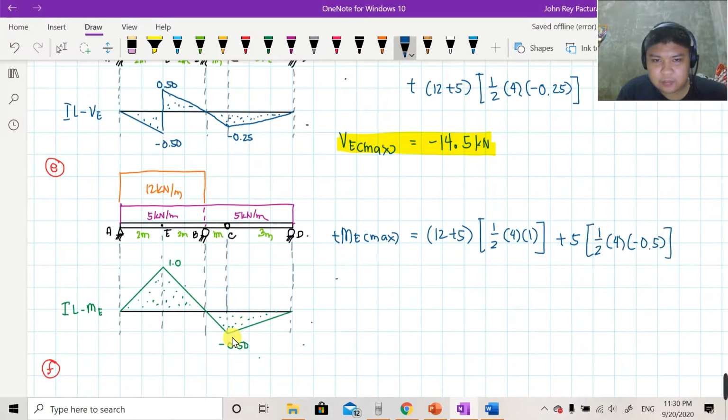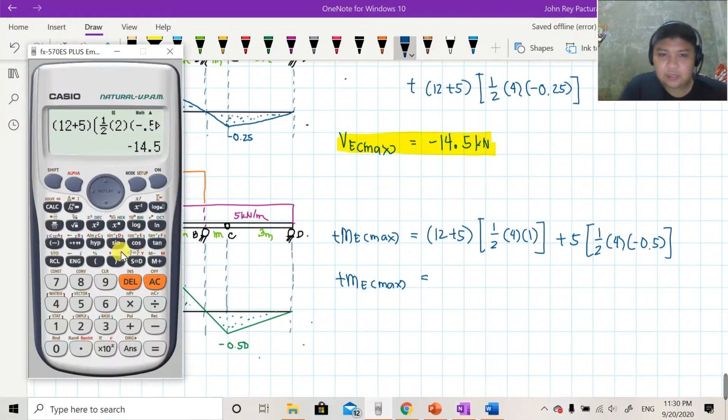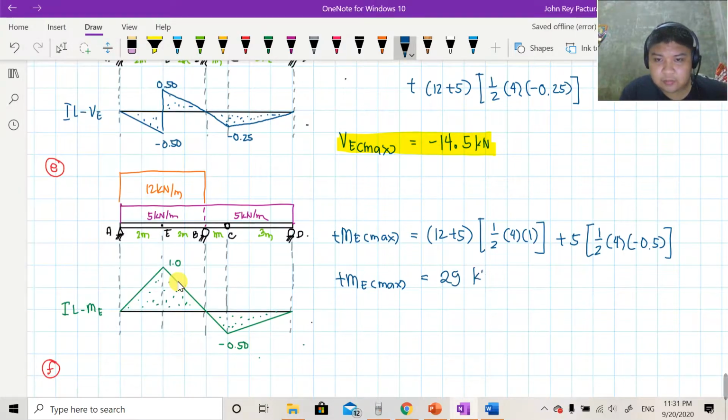So therefore, the maximum positive moment at E, considering that is 12 plus 5, tapos 1 half ng 4 times 1 plus 5, 1 half times 4, negative 0.5, right? So the answer is 29 kilonewton meters. So always indicate the units and the dimension nga. Units pala. So yan na.